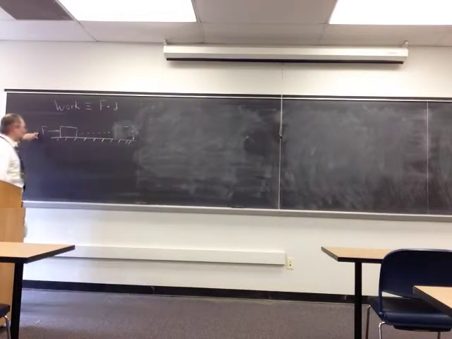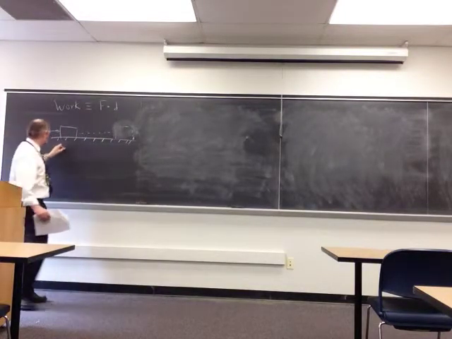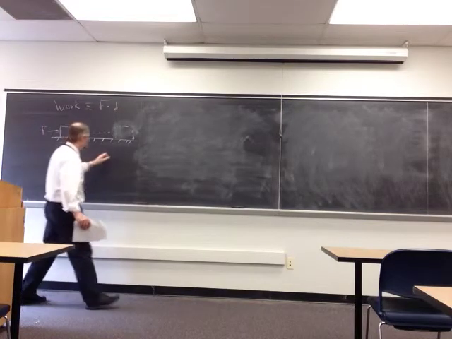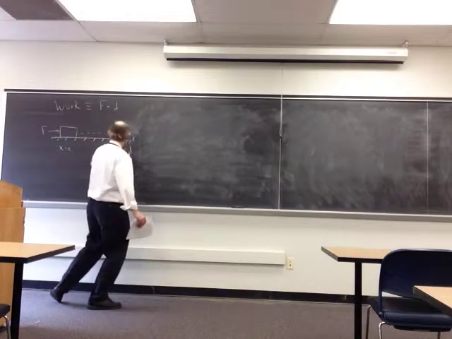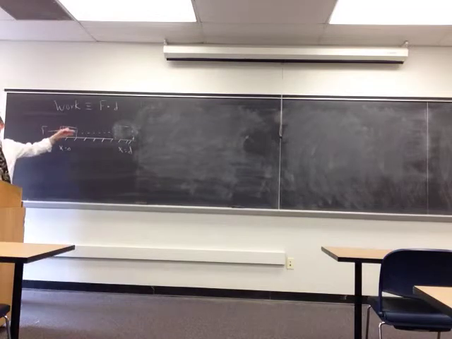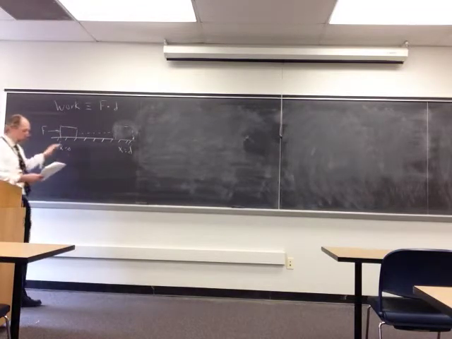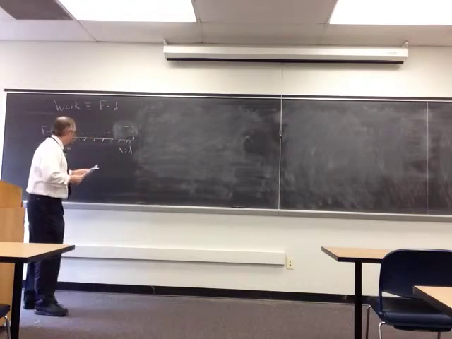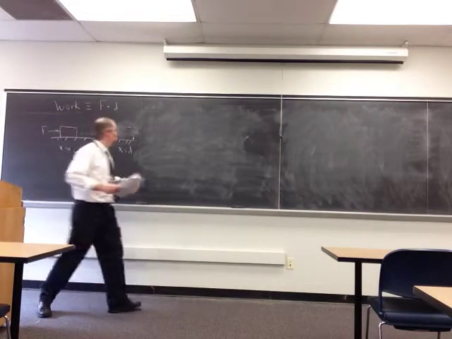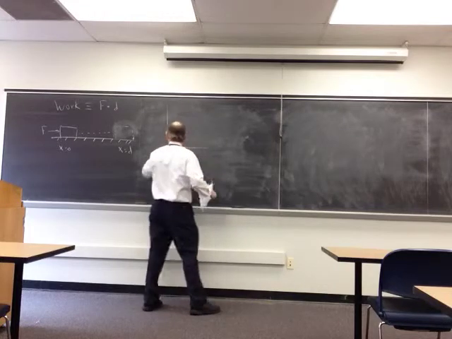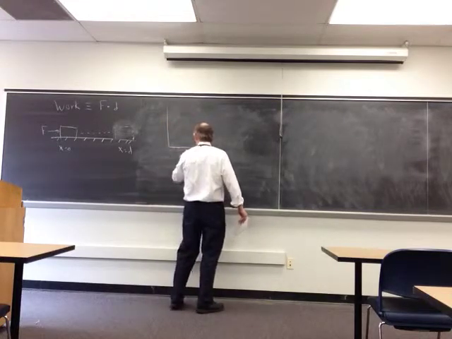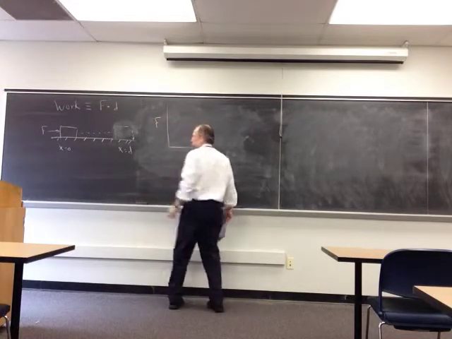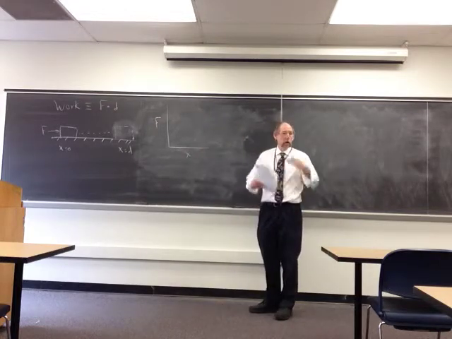So if you apply a force on this block over some distance, x equals 0 to x equals d, there's a certain amount of work involved. And we can determine this. If work is constant, we can plot this. So if we think of this as x and F, there's a force applied over some distance.